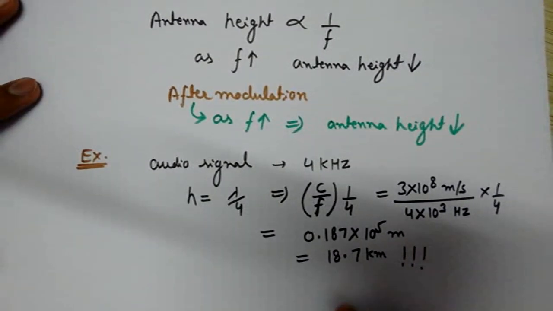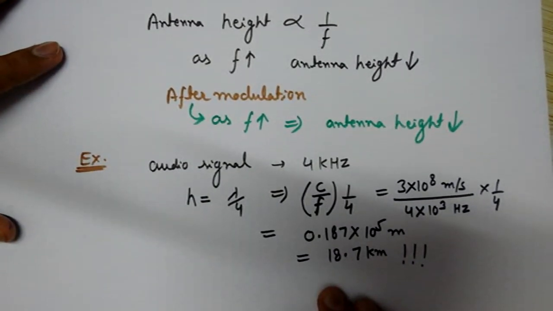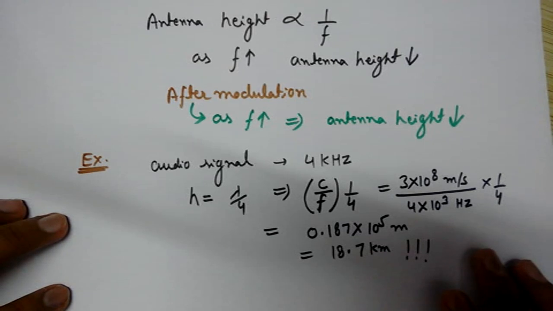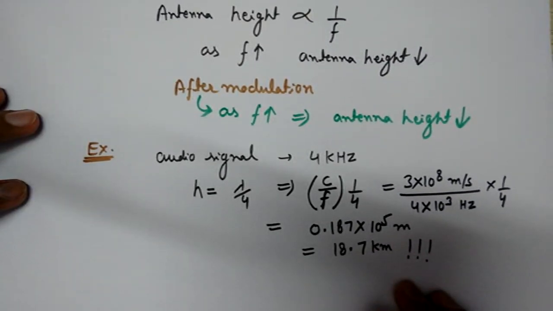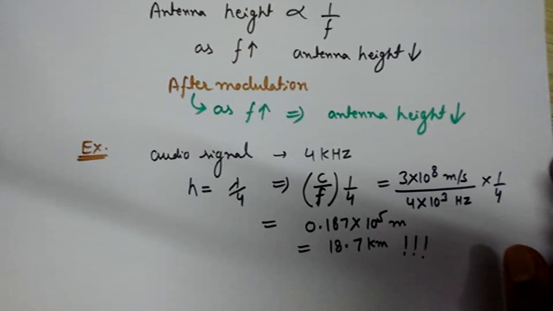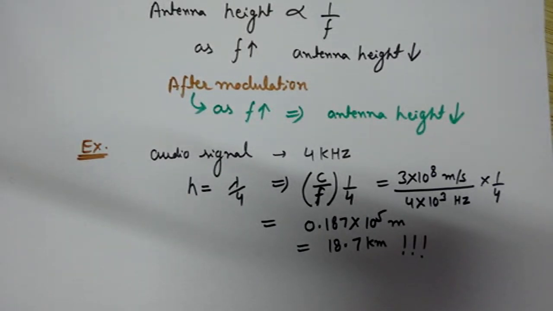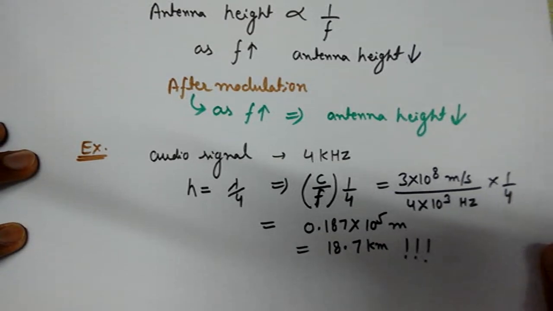Is it possible that we install an antenna of 18.7 kilometers? Not possible, not a practical height. So we need to devise a mechanism to reduce its size, reduce its height.